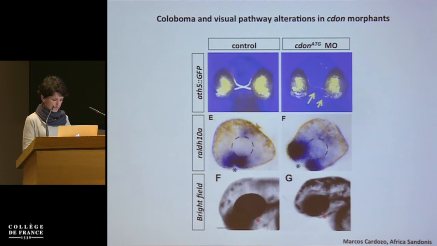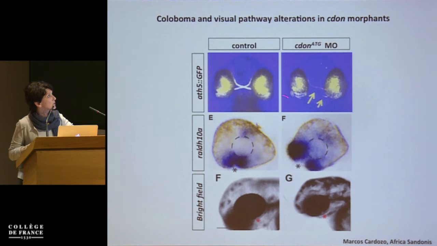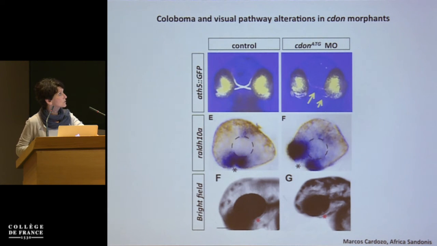As I said, the alteration of Kidon expression in the optic vesicles leads to a coloboma phenotype that you can see here, a failure of optic fissure closure, and this leads in turn to defect of axon growth of retinal ganglion cell axon, as shown here with a transgenic line that uses the atonal 5 transcription factor as a reporter for the route that retinal ganglion cell axons take.